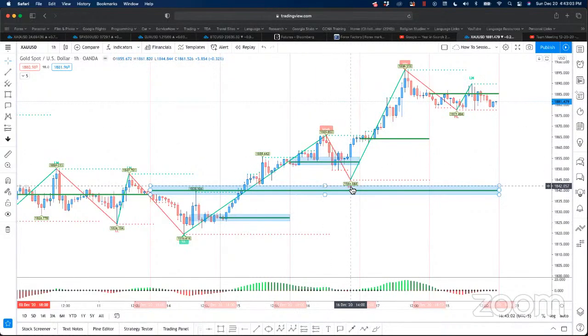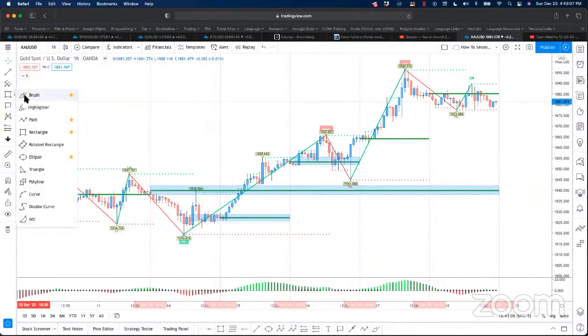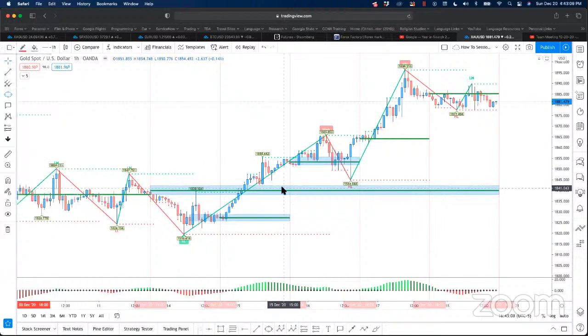Because if we have, then we know we can take, even though everybody looking at this level like, oh, it's going to break below this, right? We know we could have took a buy right here. While everybody trying to sell, we could have been taking a buy right here and been in a 250 pip trade, right?